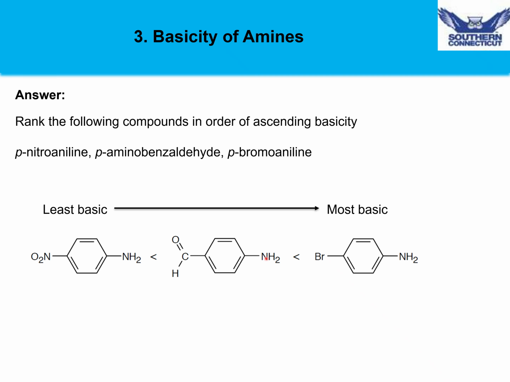It makes the nitrogen electron poor, but not as much as the example with the nitro group. And then the bromine, again, is an electron withdrawing group, but it's a weak electron withdrawing group. And so this should be the most basic out of the 3. If we had an example with an electron donating group, that should be a stronger base than any of these 3 molecules.